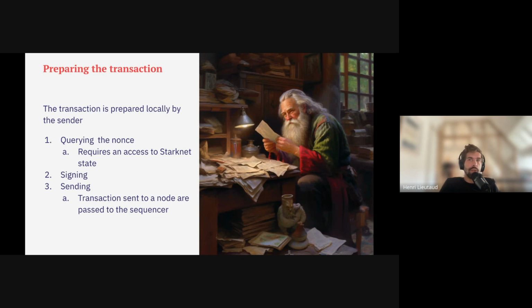Then your transaction is signed, adding whichever signature you want, and then the transaction is sent. In its current state, this transaction is sent to a node, which then passes it to the central sequencer. Eventually, when sequencers decentralize, there's probably going to be a propagation network, a P2P network that will be in charge of transmitting all of these transactions.